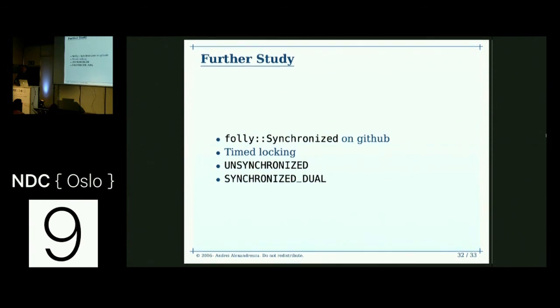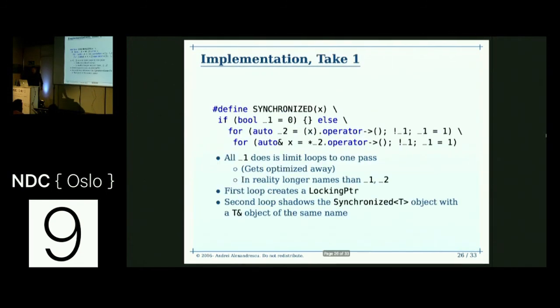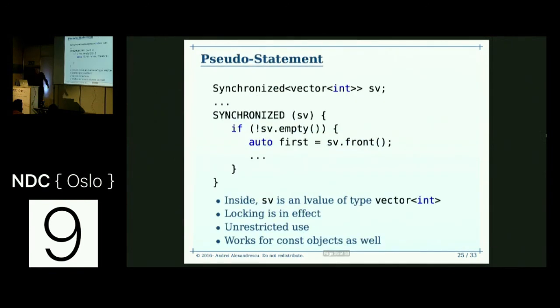Isn't the usage of the macro confusing, as you use arrow syntax outside the macro and dot syntax within? Is the macro confusing by the use of the arrow if you want to lock the object on the fly versus the dot if you don't lock the object on the fly? This comment came up a couple of times, so let me make sure I understood what you mean. I mean this arrow here, right? And here.